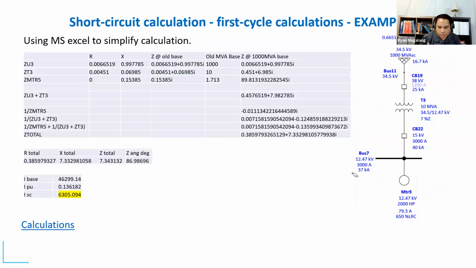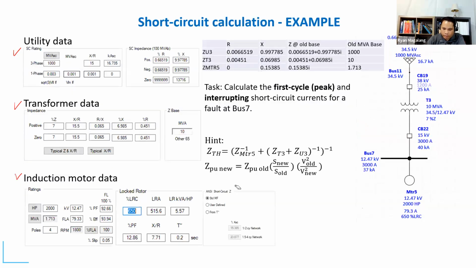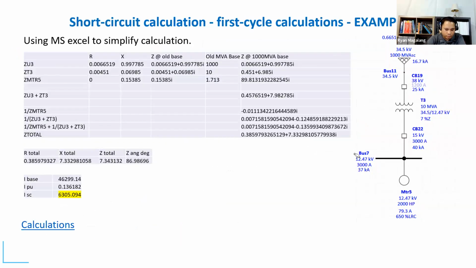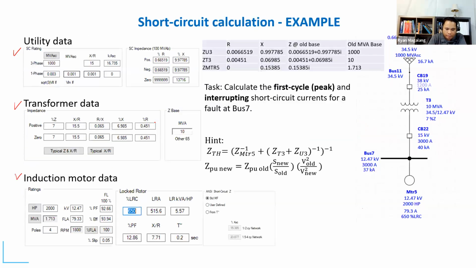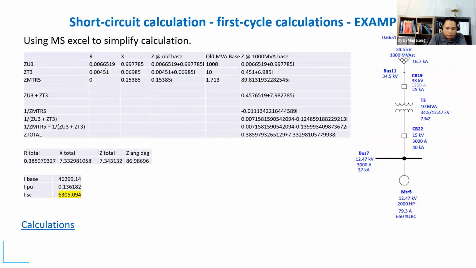Having said that, we have tabulated all of the values we obtained from the data given to us. We add the R value, the X value, and the Z, and then we change from the old base to a new base.